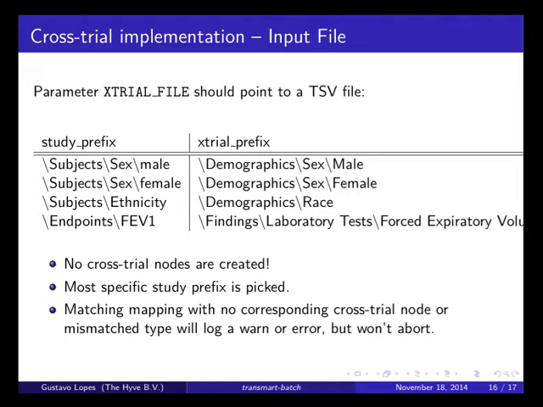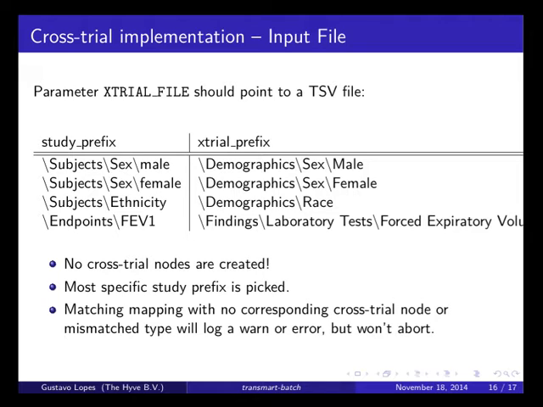So when it's going to write a fact, it will look for its concept and look at the concept path for that concept, and try to find the longest study prefix that matches this concept path. If it finds one, it will remove the prefix, just leave the suffix, and append this suffix to the X-trial prefix.